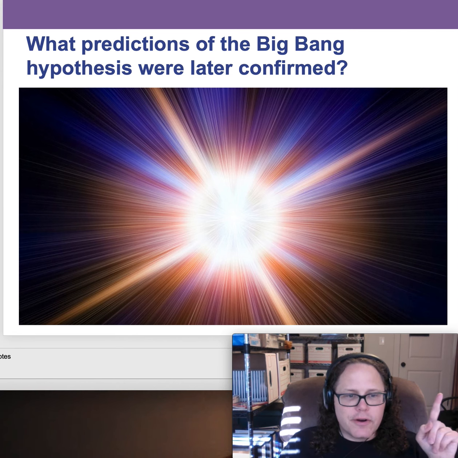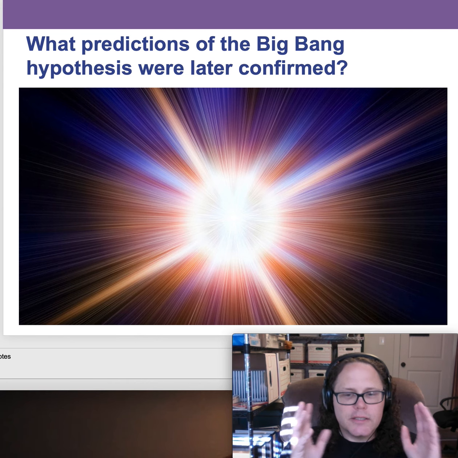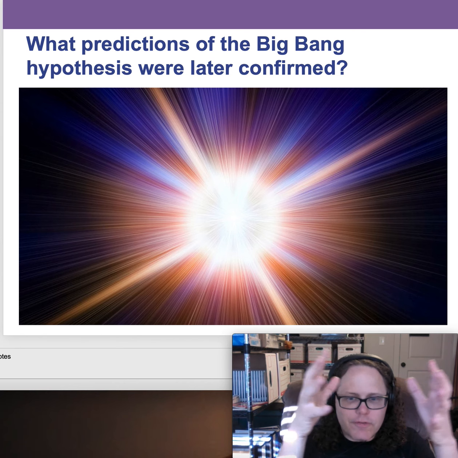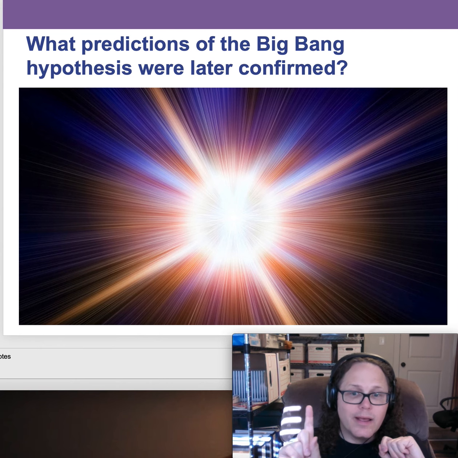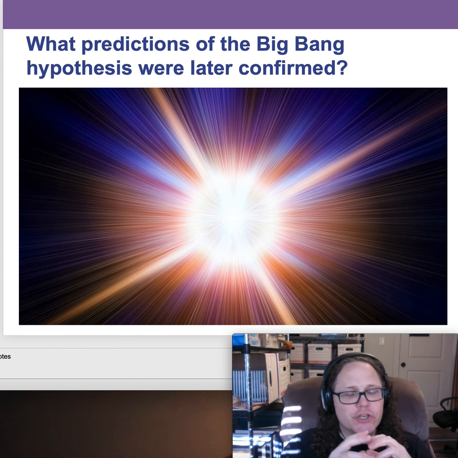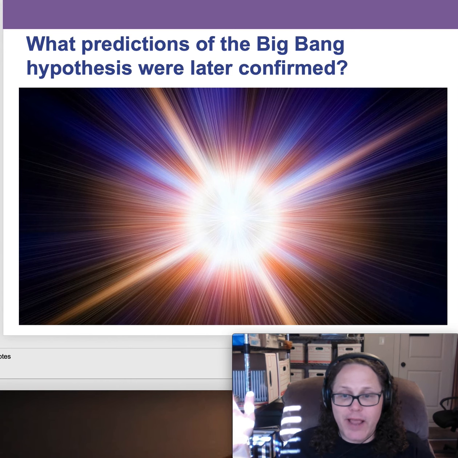But there's another possible interpretation called the steady state hypothesis. The steady state hypothesis says that the reason the universe is expanding is that it is infinitely old and infinitely large, and all the time new space is being created.